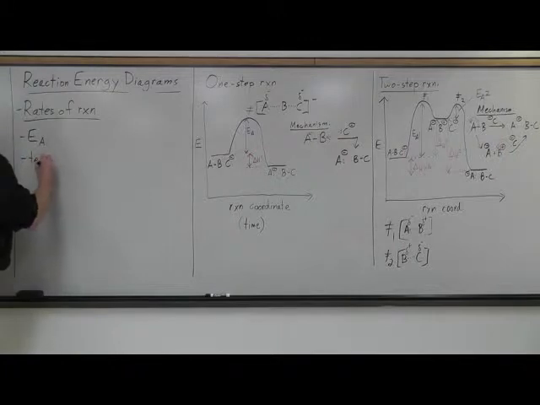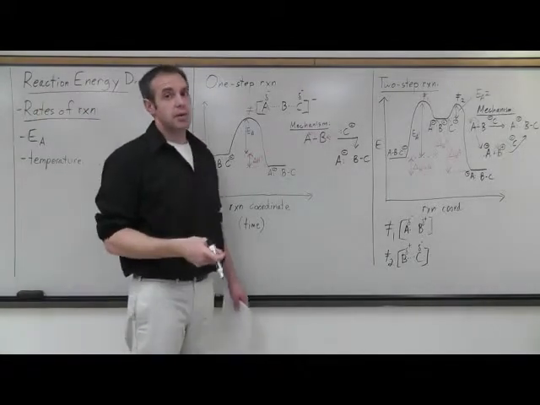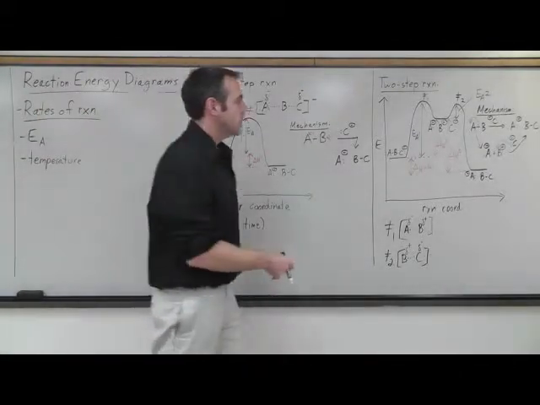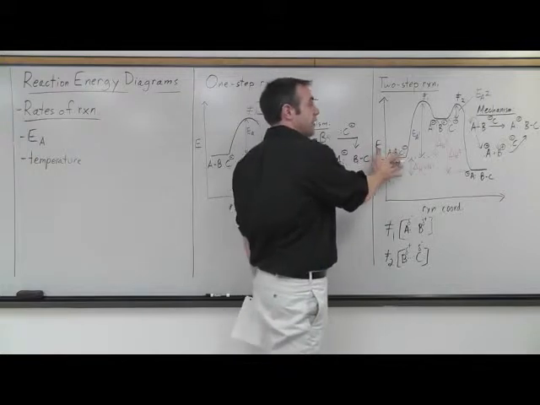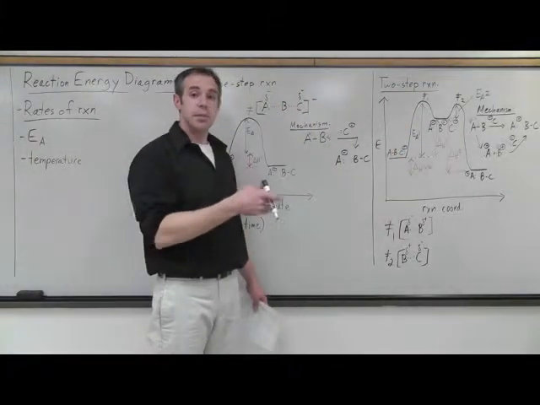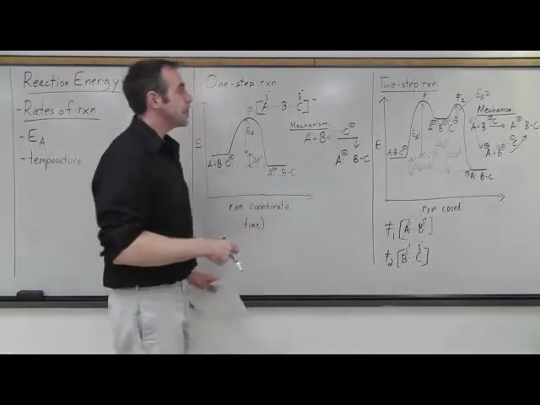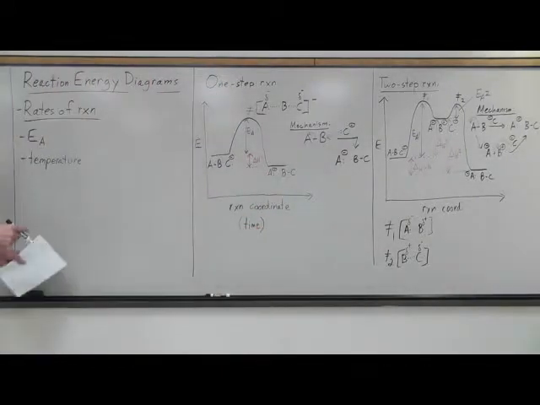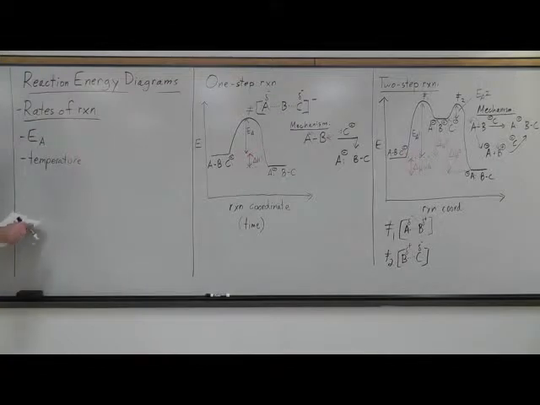Secondly, temperature. So the temperature is a direct measurement of how much energy is available. And so the higher the temperature, the faster molecules will be able to get over that hump, because on average there'll be more energy around. And so temperature plays a crucial role.